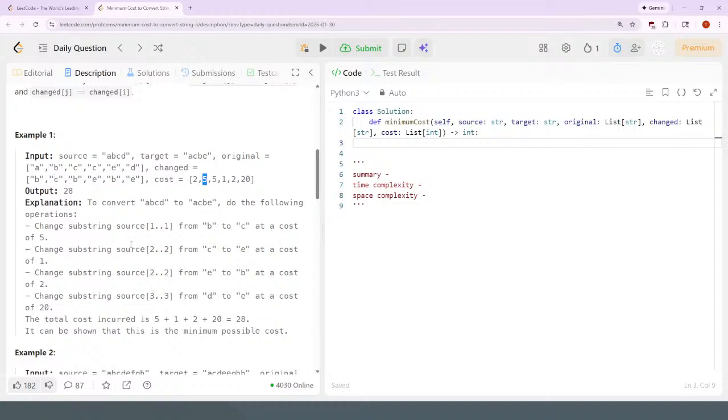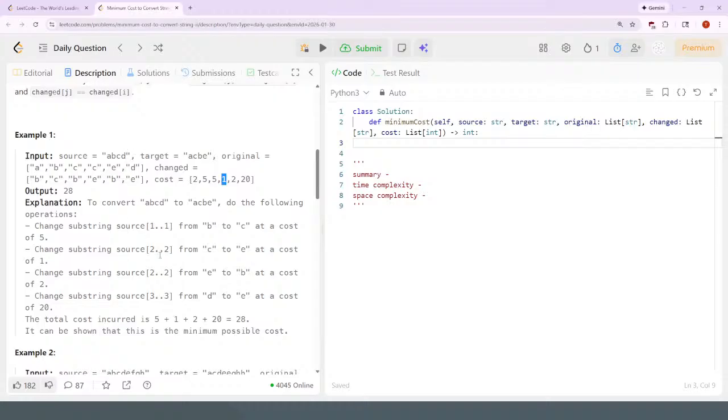Okay. Change source 2 to 2, C to... okay, 2 to 2 just refers to this interval, to E. C to E using this, I guess, which costs 1.